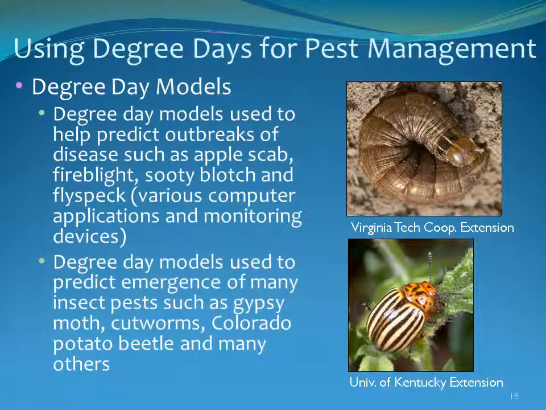And I get a weekly update from our vegetable specialists. There's a newsletter that talks about what sites are now at risk and what you should start spraying and so on. So diseases, insects, all of these, they use degree days as well as phenology to help predict when those things are going to be around and what we can do about it.